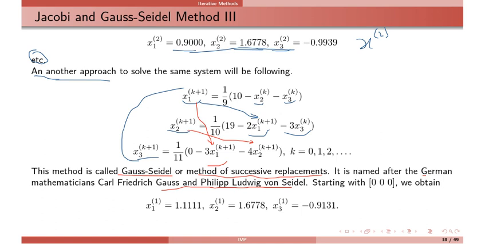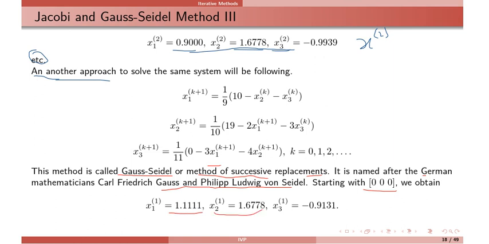So as we did in previous technique, just start with anything, or start with 0, 0, 0. You get first solution, that will be similar to previous one. Then to get x2, fit x1 new, this is 1.1 here, and x3 0. And to find x3, fit x1 new and x2 new here, and you get x3.